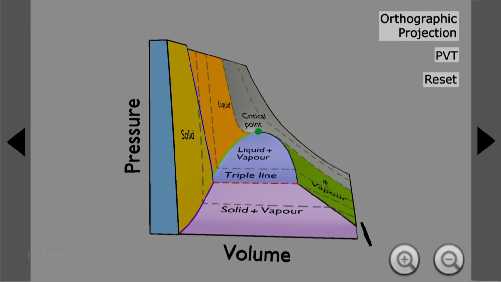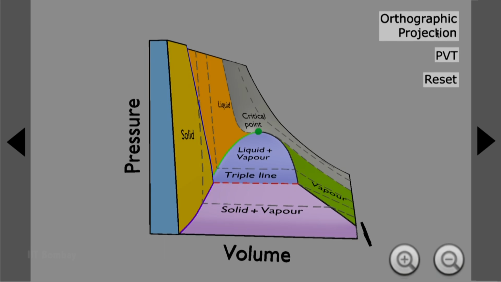From this direction I see the existence of a triple point, but when I see it in PV axes I see a triple line. The triple line has not much significance, but a triple point has the significance that it tells us that at a given pressure and temperature condition, all the three phases are in equilibrium and they coexist.